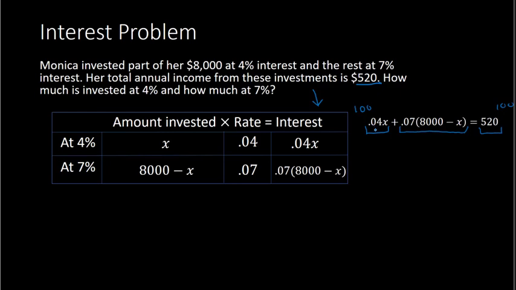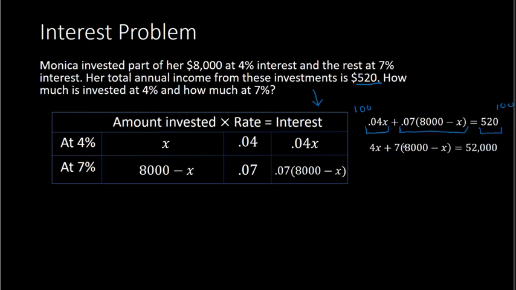So 100 times 0.04 gives me 4, so that's 4x. 100 times 0.07 gives me 7. And that does not affect what's in parentheses because this is like one thing. If I multiplied the 0.07 by 100 and the other parts by 100, you're actually multiplying by 10,000 for the inside parts. So we want to just multiply the 0.07 by 100. And then 520 times 100, we just add two zeros to the end.